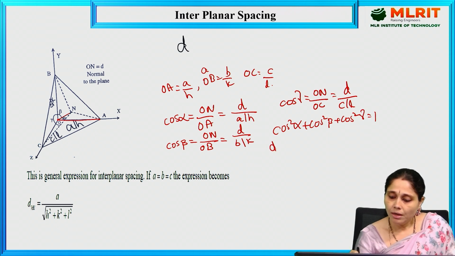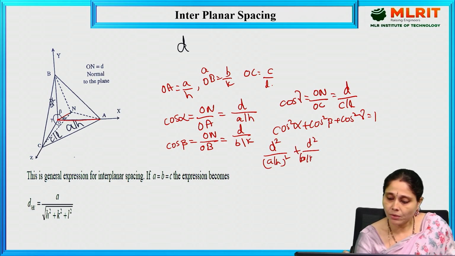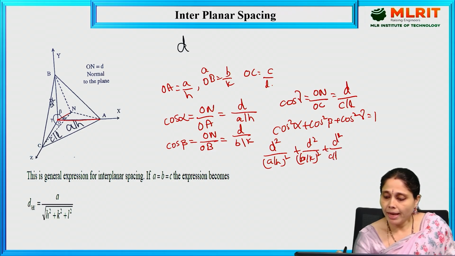So, D square by (A by H) whole square plus D square by (B by K) whole square plus D square by (C by L) whole square is equal to 1.